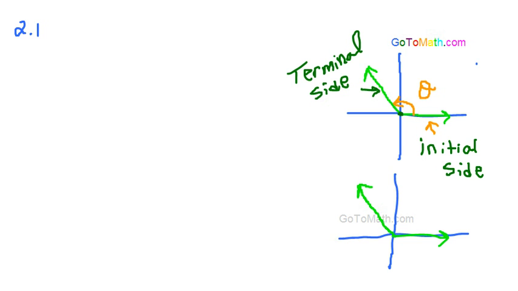Let's say the angle was here, but then it swung around to here. We'll call this angle phi. This angle is negative because it went in the clockwise direction, where the other angle is positive.